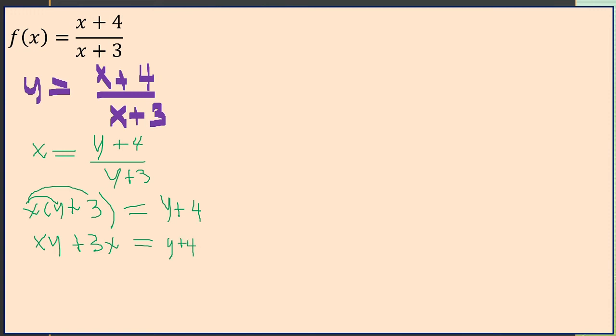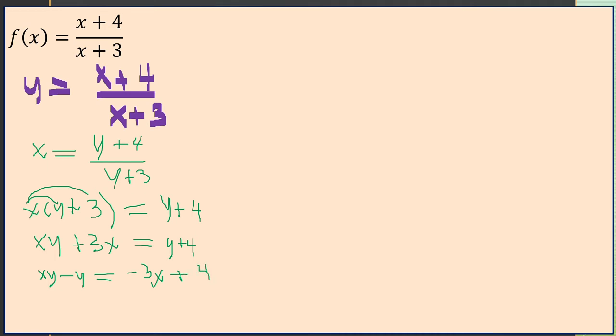And then kailangan natin ditong mag-grouping because we need to solve for y in terms of x. So yung y dito ililipat natin sa kabila and then yung 3x ililipat naman natin sa other side. So we have xy. Etong y lipat natin dito magiging negative y equal to yung 3x, syempre magiging negative 3x plus 4.